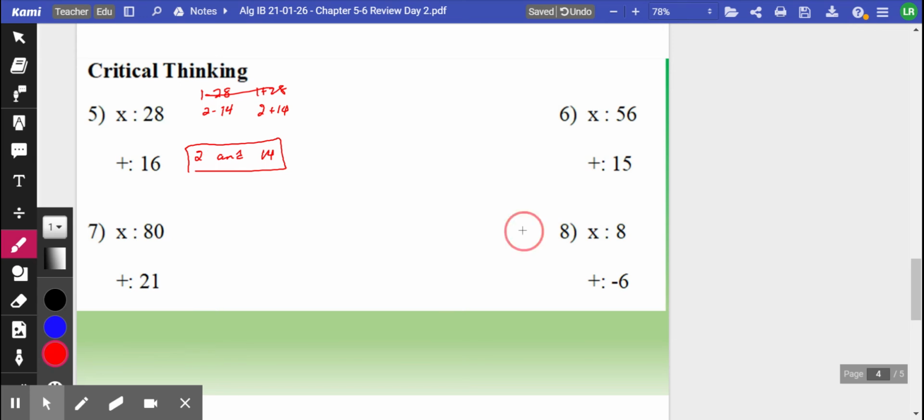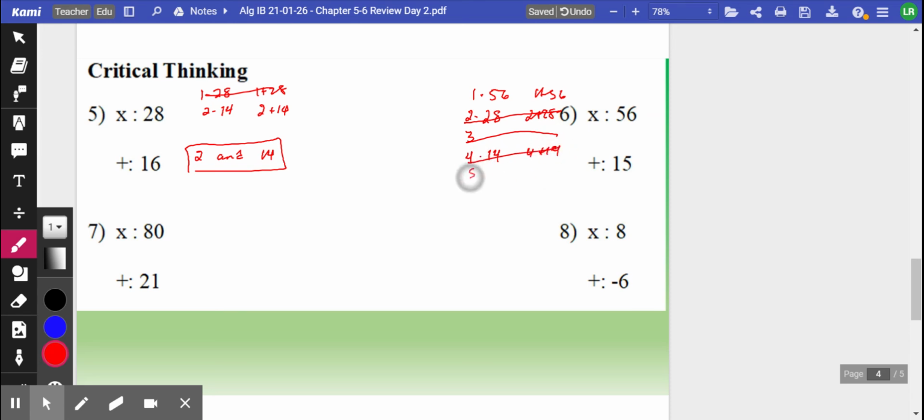Okay, number 6 here, we'd start off with 1 times 56. Well, that adds up to 57, so that's not it. Next number is 2. 56 divided by 2 is 28. If I add those, I get 30, so that's not it. 56 divided by 3 does not work. 56 divided by 4 is 14, and if I add those, I'm getting closer, but that adds up to be 18.